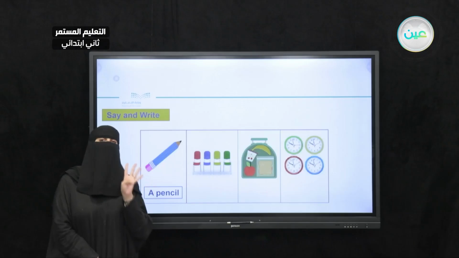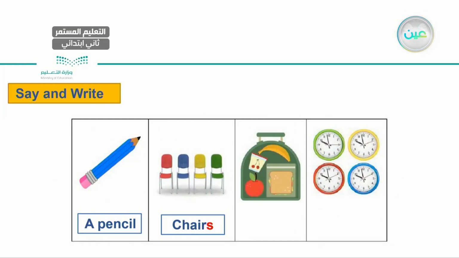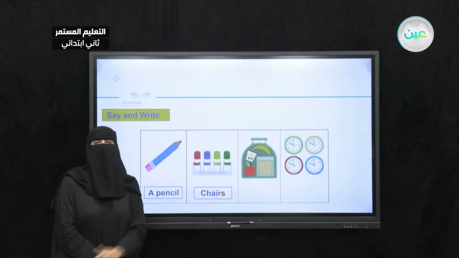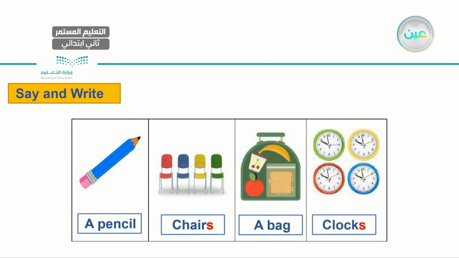I can count 4 chairs. Chairs, plural. Right next to it, how many bags can you see? I can see a bag, singular. And next to it, I can count 4 clocks. Very good.